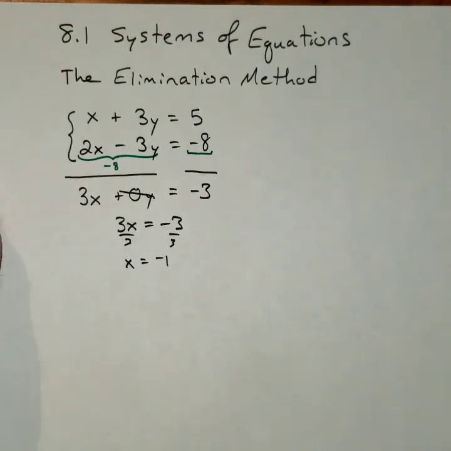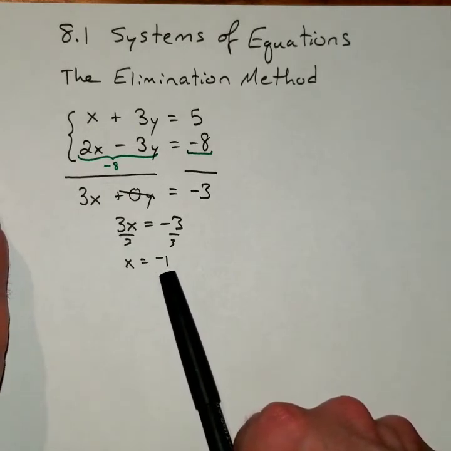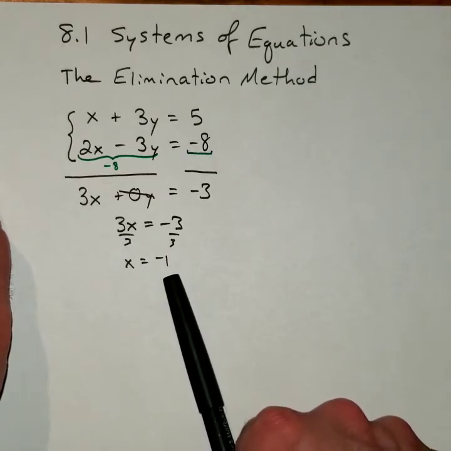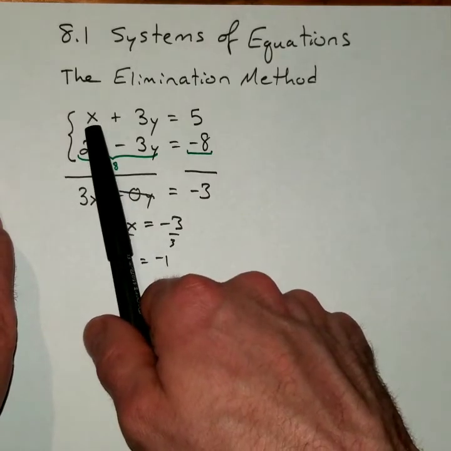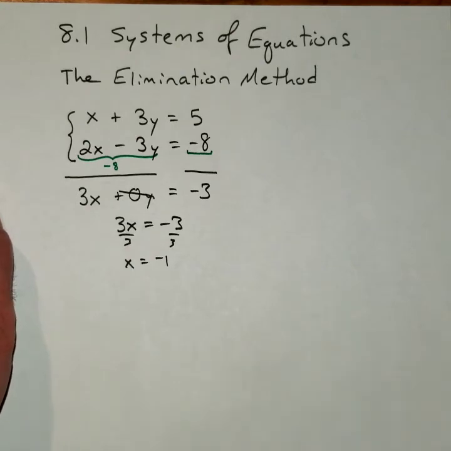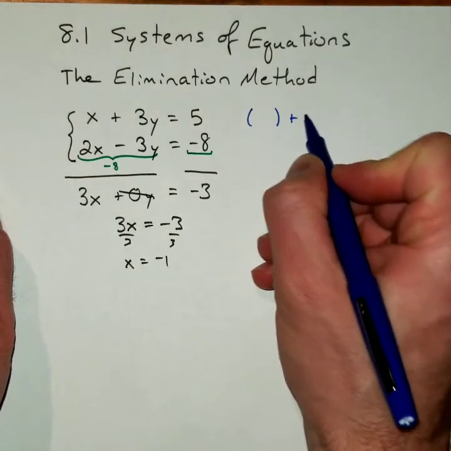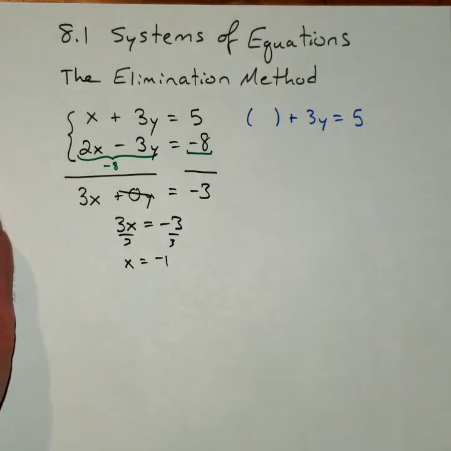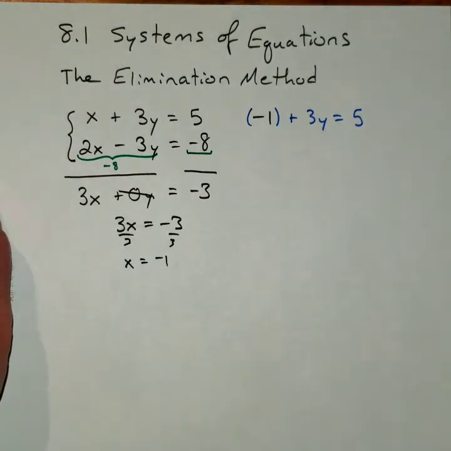Now we've said before that just one value does not solve the system. You need both the x and the y. So here I'm going to need to solve for the y. I'm going to put this x back into the first equation in order to solve that, because the numbers are a little bit smaller there. So I'm going to take the x value plus 3y equal to 5, and of course the x value there is the -1 that we talked about a moment ago.